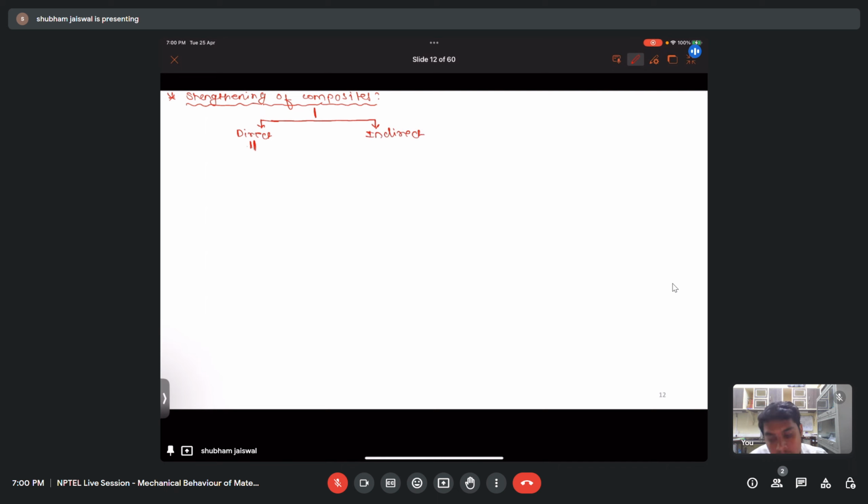So direct strengthening means due to the direct transfer of load.